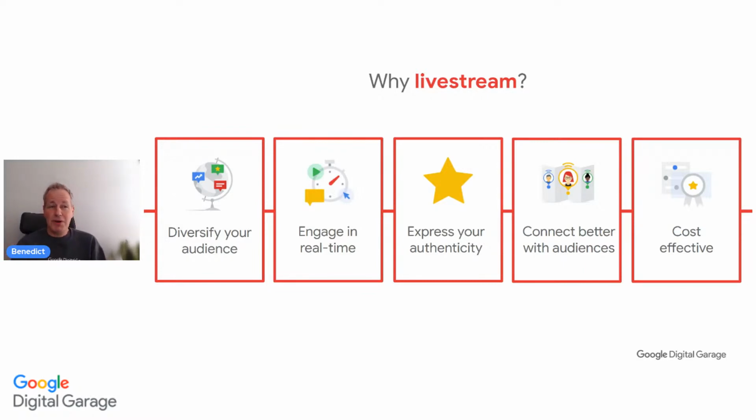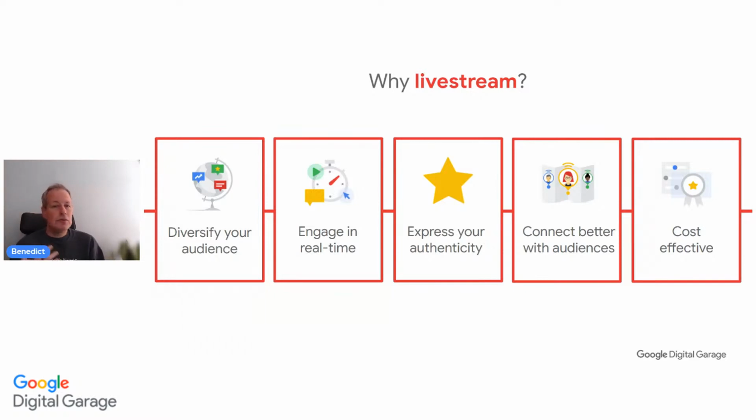You can also express your authenticity and believability, because you are live in front of the camera, like I am at the moment. It makes everything more human and more reliable. It's important to make sure you have the best presenters, your brand advocates, appearing on your live stream, so choose who goes on camera very carefully and wisely.